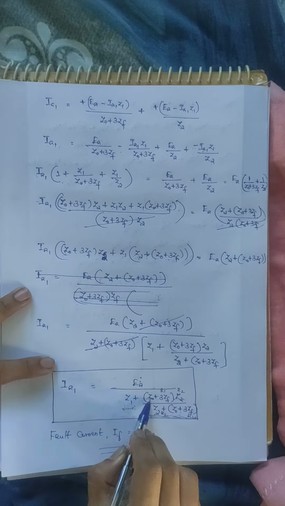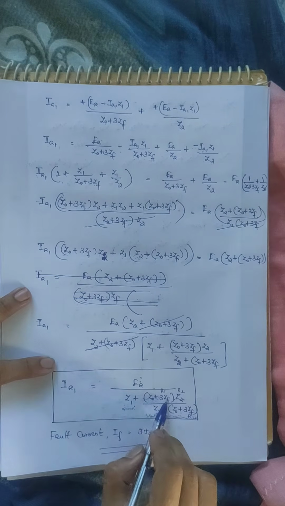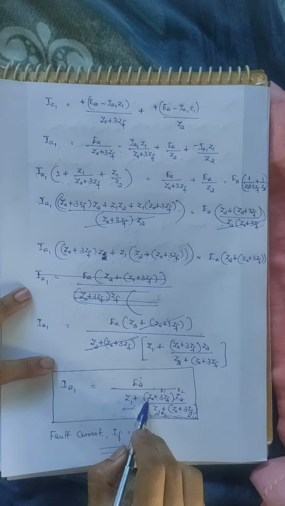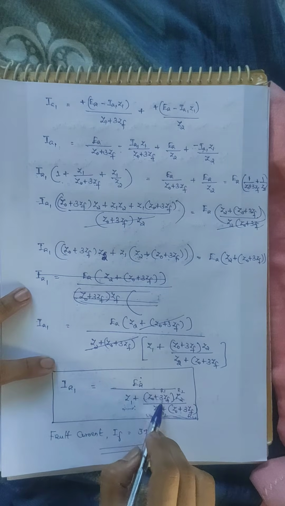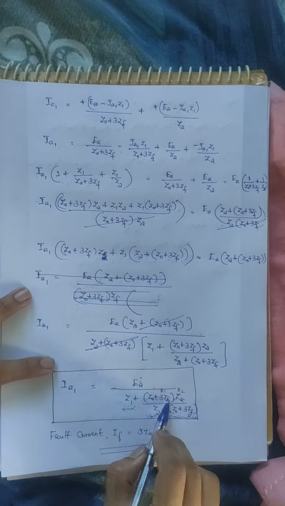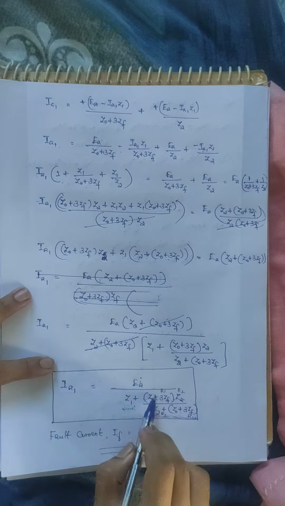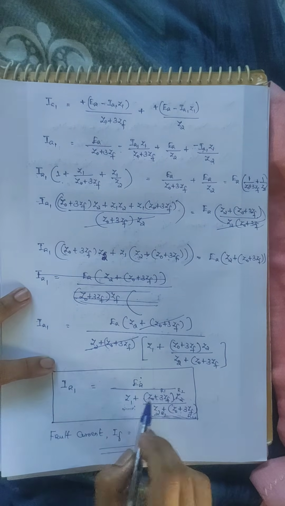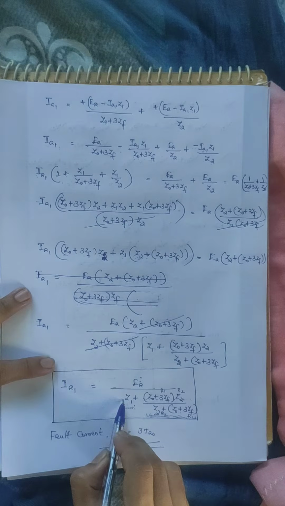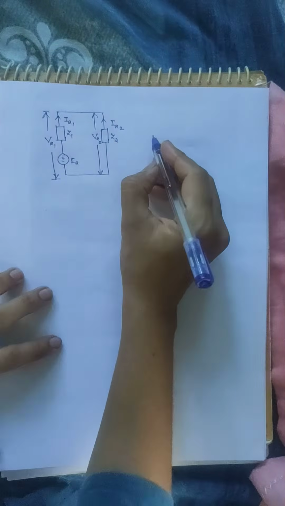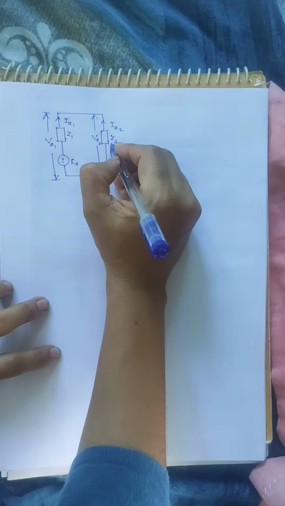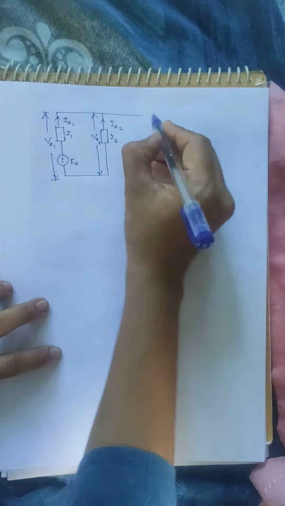Now Z0 plus 3ZF. That means Z0 and 3ZF are in series. That is why we are adding Z0 and 3ZF. So Z0 and 3ZF are in series, which is in parallel with Z2, and the entire combination is in series with Z1. Now let us draw the diagram. Z2 is in parallel with Z0 plus 3ZF.